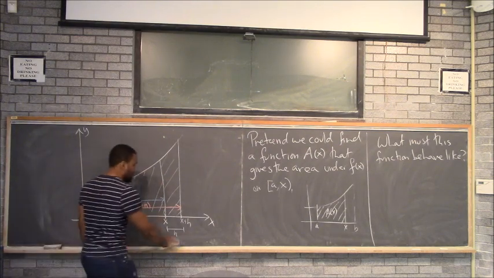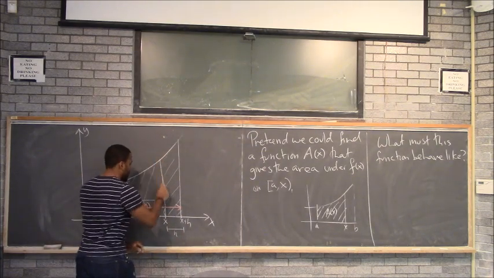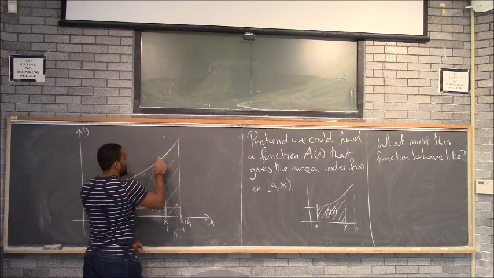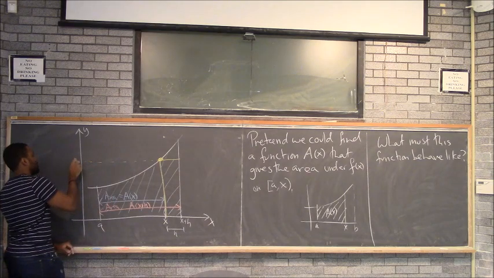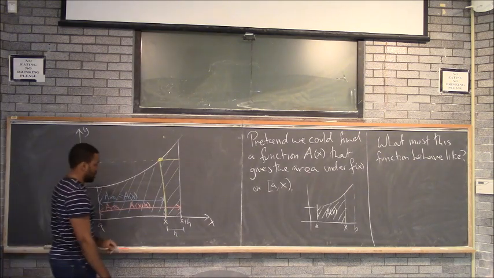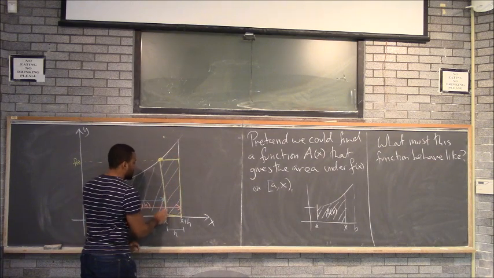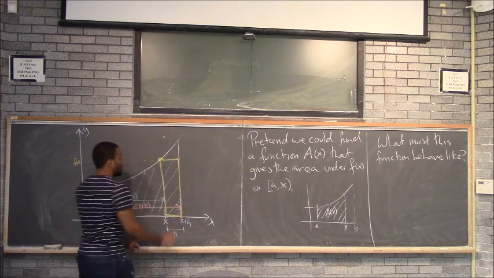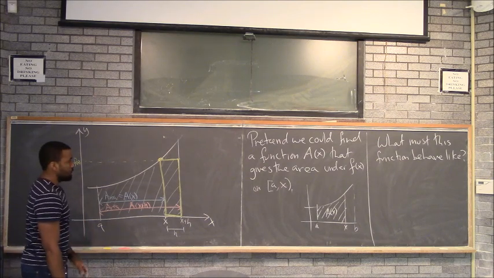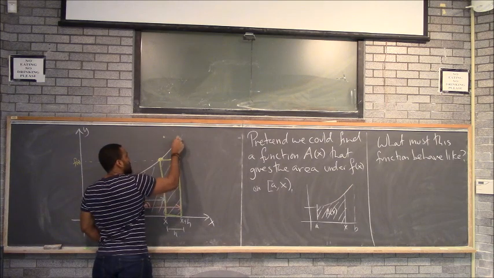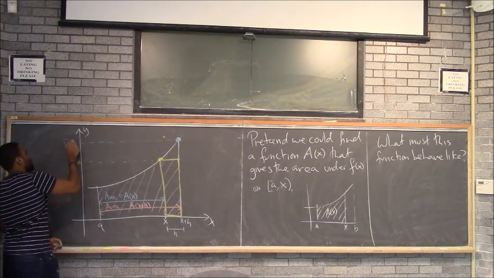Now, here is what we can do. I am going to look at this extra strip here. There's a point here where it hits this height, which is f of x. Notice that this part here will give me a rectangle. And on top of that, I can put another rectangle that hits this corner. h.